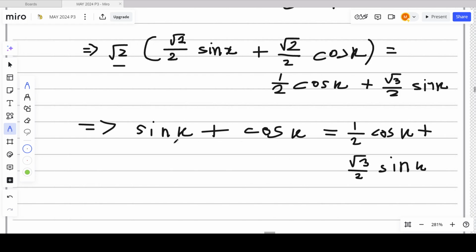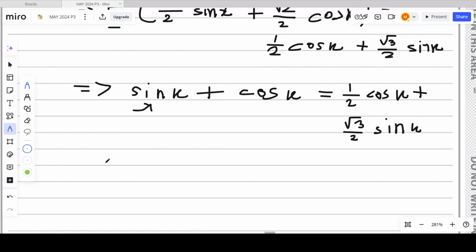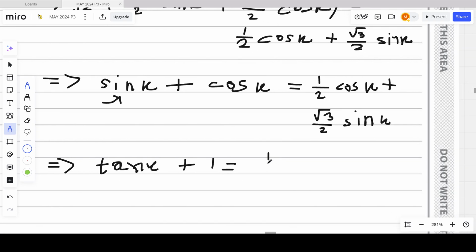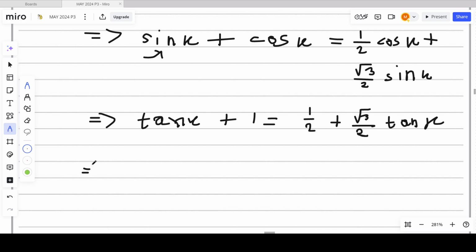If I divide both sides by cos x, sine x over cos x becomes tan x, and cos x over cos x is 1. So we get tan x plus 1, equals half, the coefficient remaining as it is, plus square root of 3 over 2 times sine x over cos x, which is again tan x.